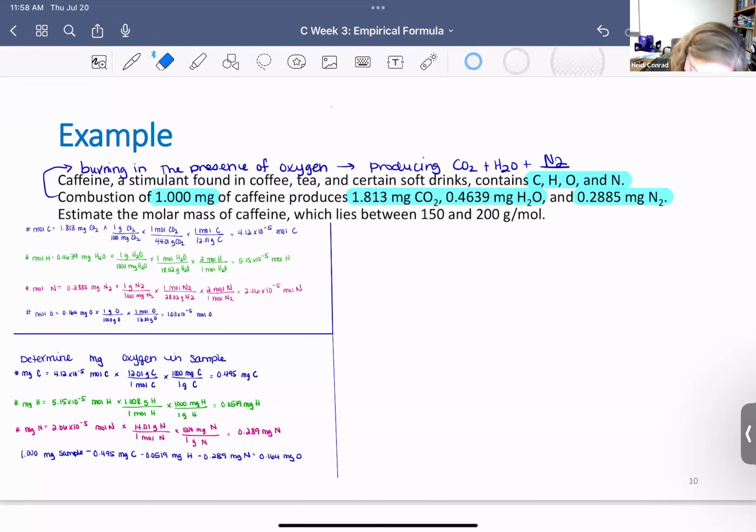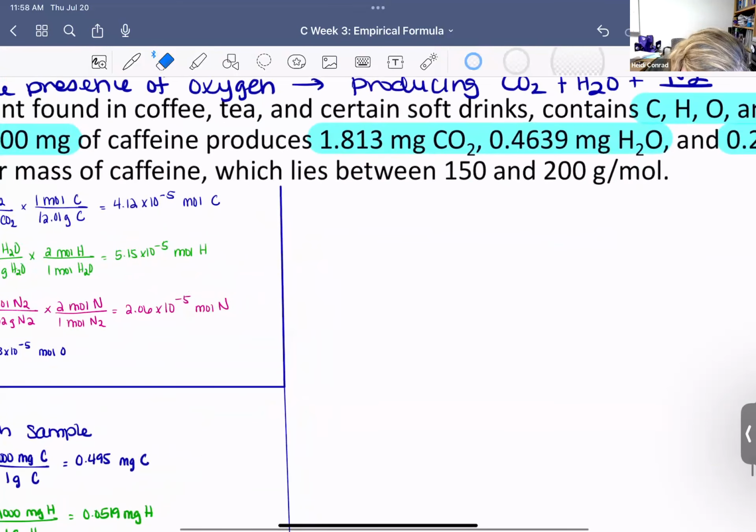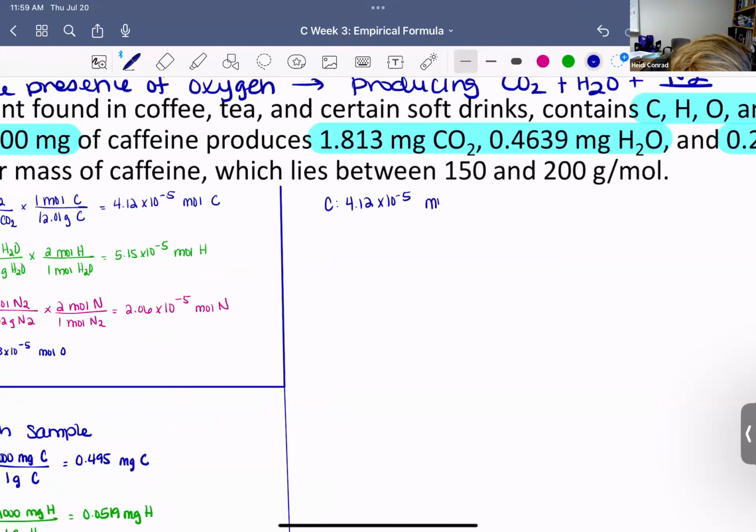I know for carbon, 4.12 times 10 to the minus 5 moles. For hydrogen, 5.15 times 10 to the minus 5 moles. Nitrogen, 2.06 times 10 to the minus 5 moles.